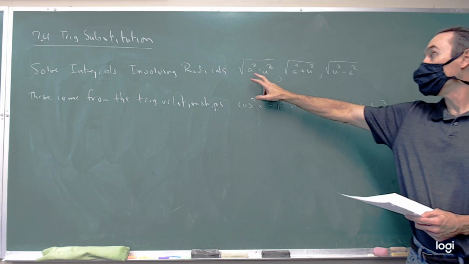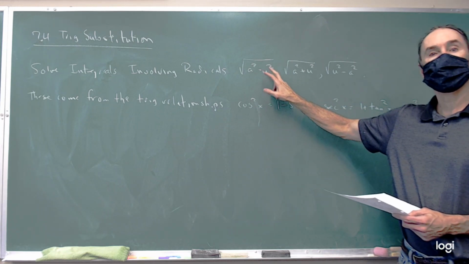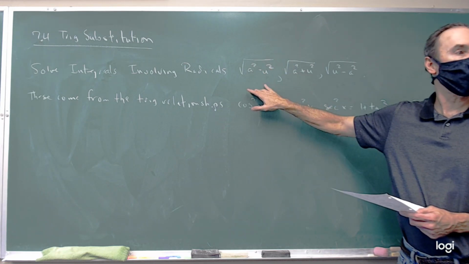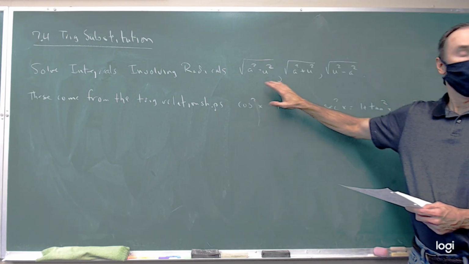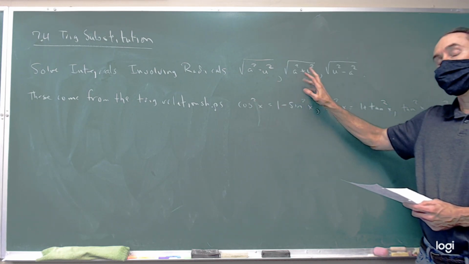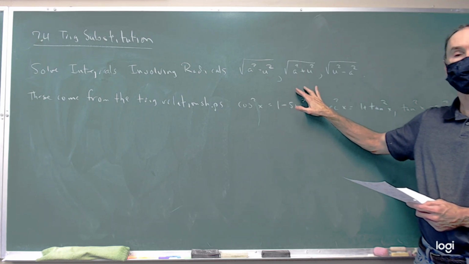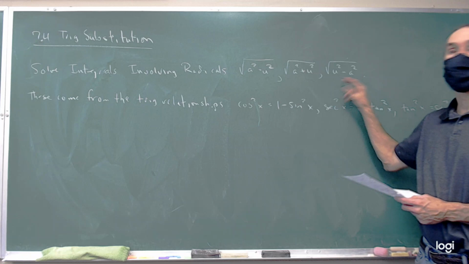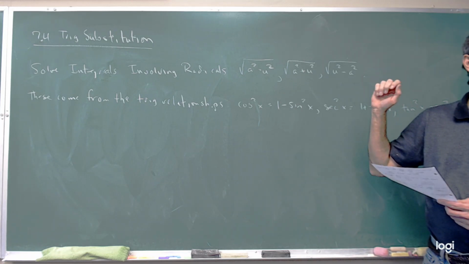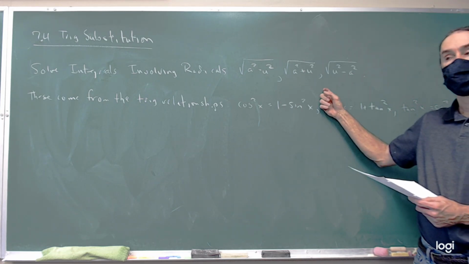One side is going to be A, one side is going to be U, and the other side is going to be the radical. The radical will appear in different positions in the triangle, depending on which radical we're going to try to match.